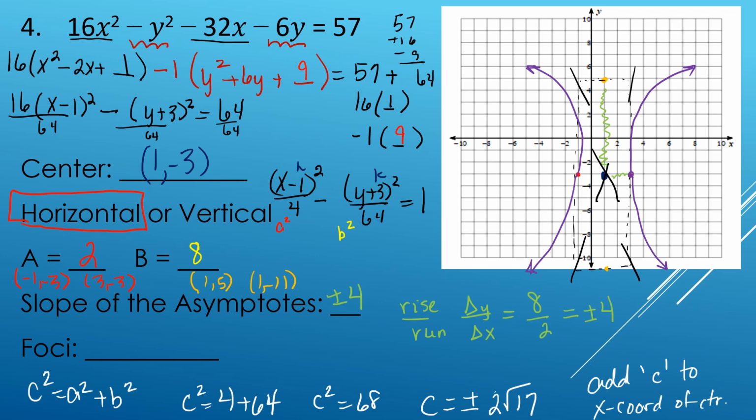So our foci are going to be the points (1 plus and minus 2 root 17, -3). And that distance is actually going to be pretty far out from our center. So square root of 17 is about 4, so we're going to go just over 8 units out from the center and put our foci. So they're going to be way out here somewhere. Oops, writing that backwards. There you go. And that's just a rough sketch of where those points are going to be.